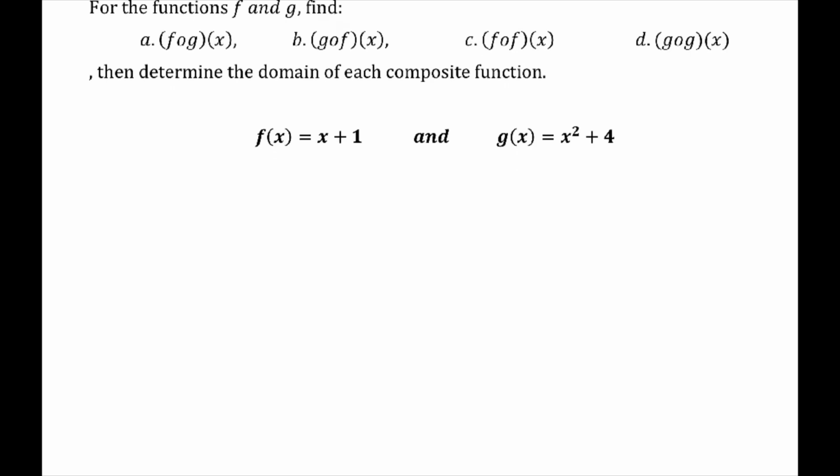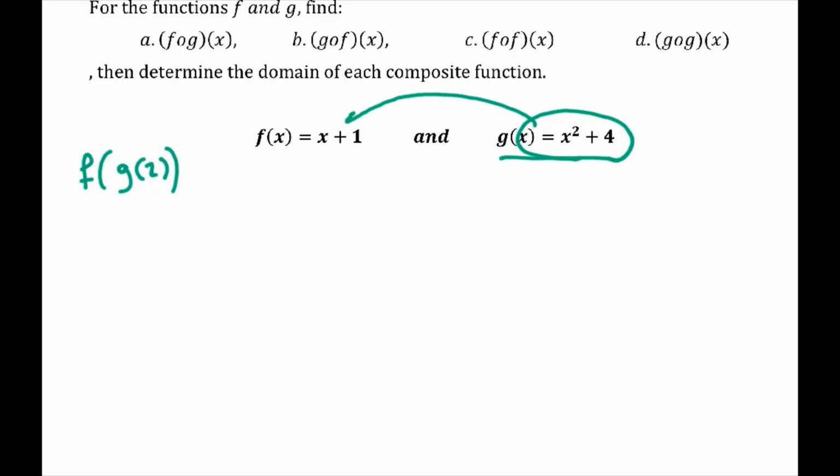If I ask you to find f of g of 2, what are you going to do? Well, you're going to take the number 2, input it into the function g, and then get the output and input it into f. So let's do that.